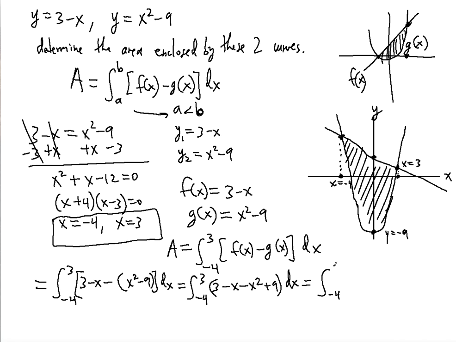So from -4 to 3, we will get 12 minus x squared dx.